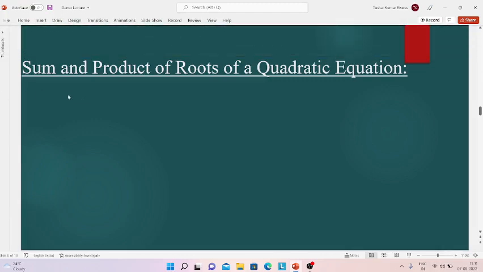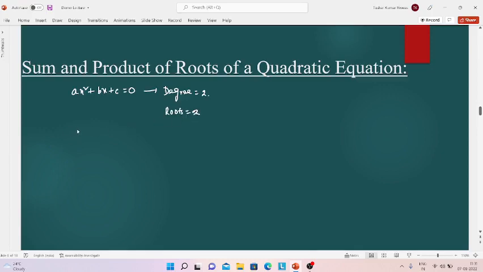So you know, right, suppose a quadratic equation ax square plus bx plus c equals to 0 is given to you, then obviously you know that the degree of this quadratic equation will be 2. So definitely there will be 2 roots.